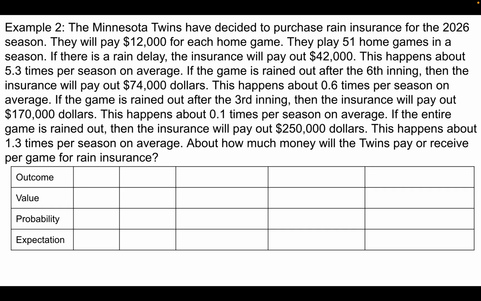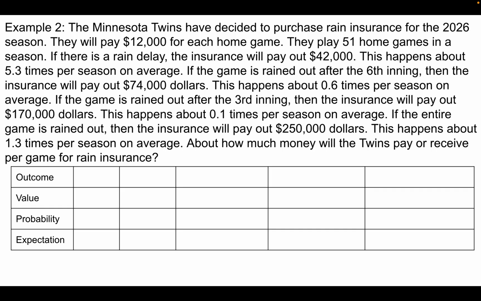This happens about 5.3 times per season on average. If the game is rained out after the sixth inning, then the insurance will pay out $74,000. This happens about 0.6 times per season on average. If the game is rained out after the third inning, then the insurance will pay out $170,000.